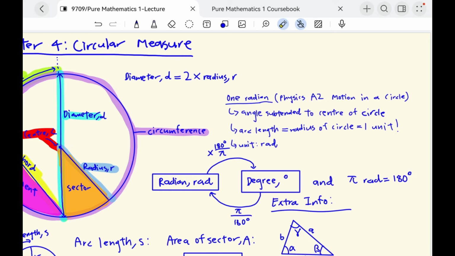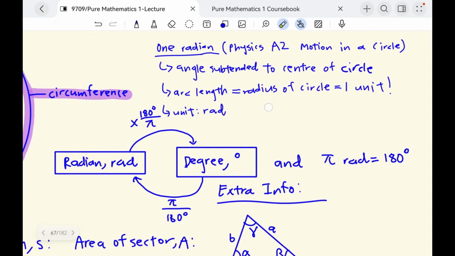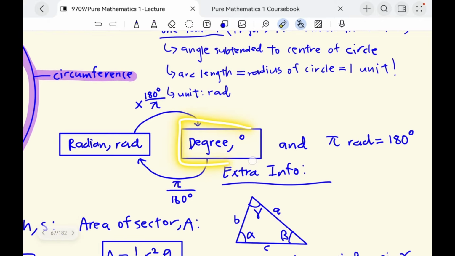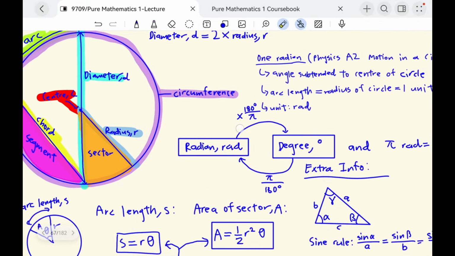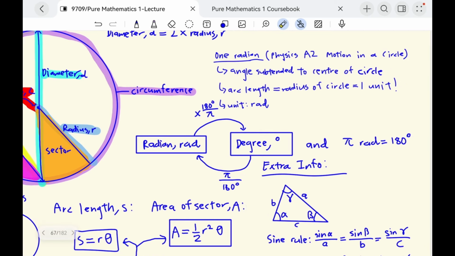So what is the relationship between the radian and the degree? You may expect the unit of angle to be degrees, but this time the standard unit we use is the radian. Even trigonometry uses radians as the standard unit for the x-axis in the graphs of trigonometric functions. How do we convert from degrees to radians?